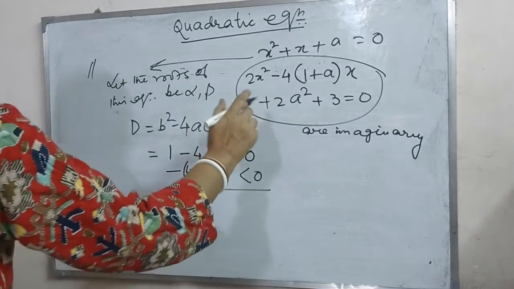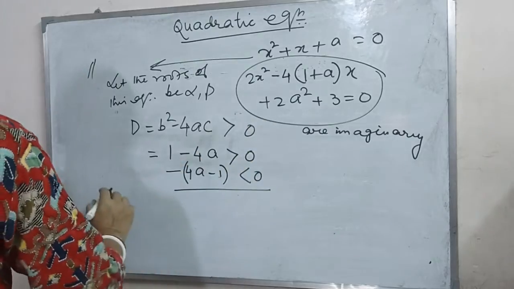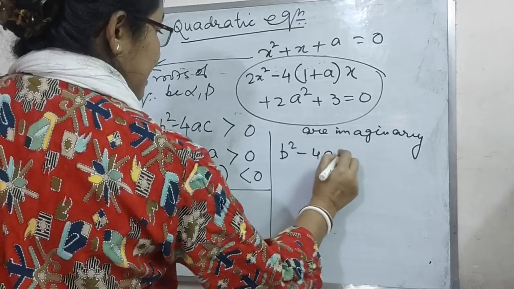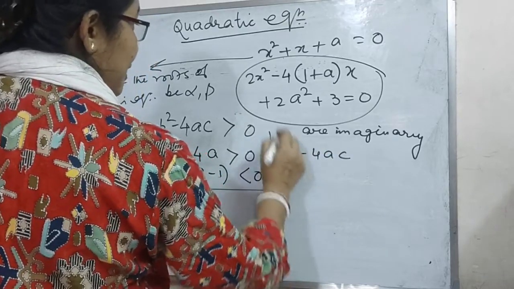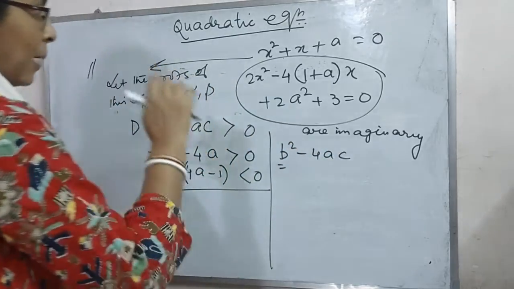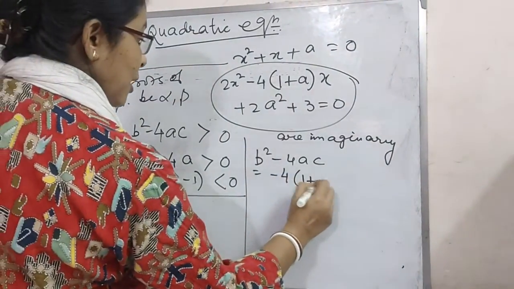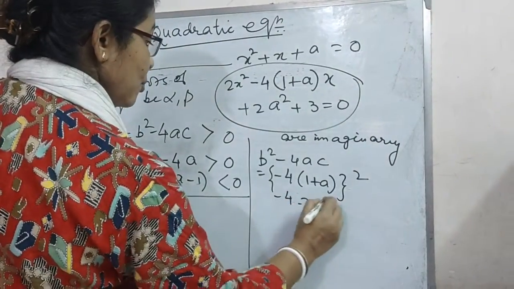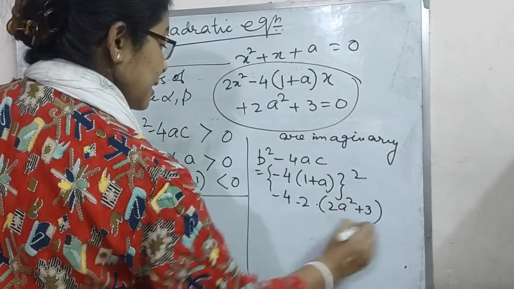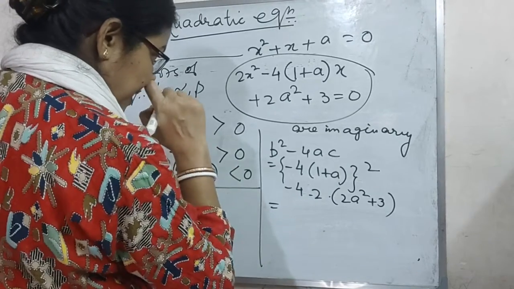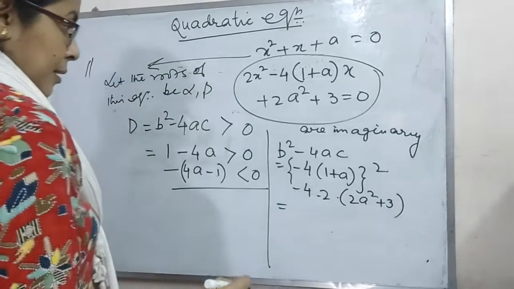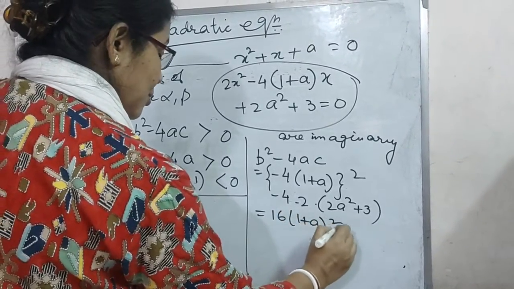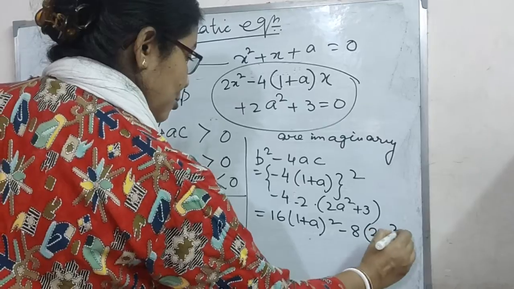From the other equation, D equal to b square minus 4ac equal to minus 4 into 1 plus a whole square minus 4 into 2 into 2a square plus 3, this is 16 into 1 plus a whole square minus 8 into 2a square plus 3.